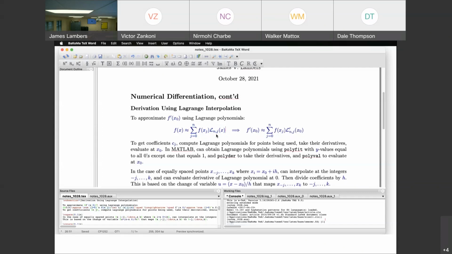And since in this Lagrange interpolating polynomial, the f of xj are constants, the only part that depends on x is the Lagrange polynomial. So really we're taking the derivatives of just the Lagrange polynomials and evaluating them at x naught. So f prime of x naught is approximated by a linear combination of these values of f at our chosen points, and the derivatives of the Lagrange polynomials at x naught are the coefficients in that linear combination.